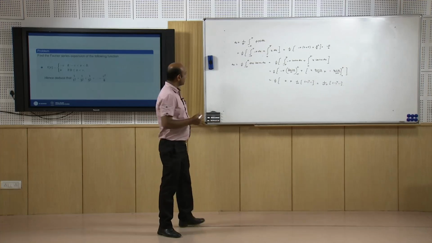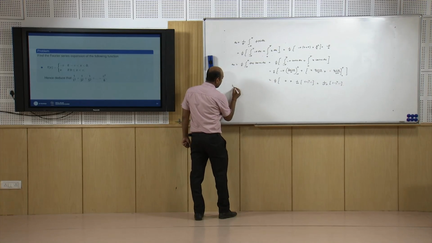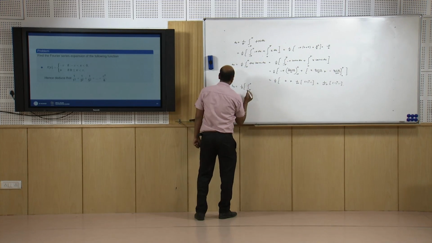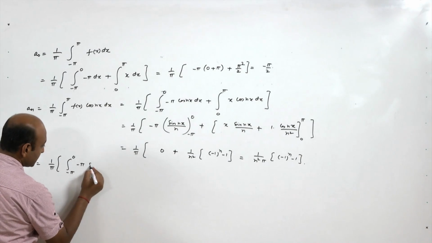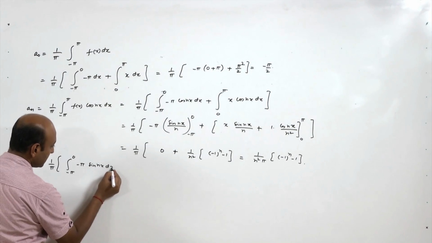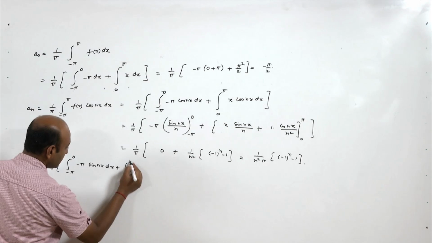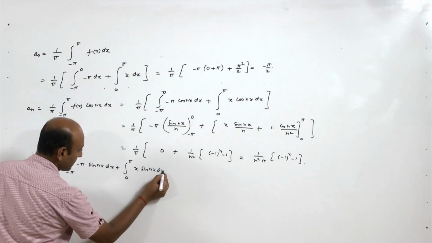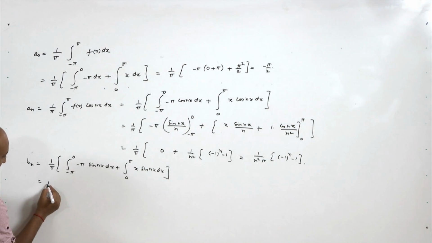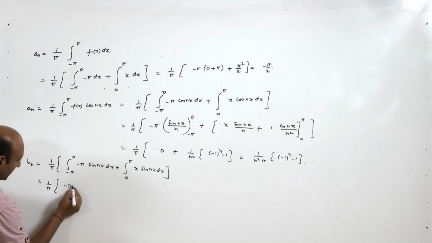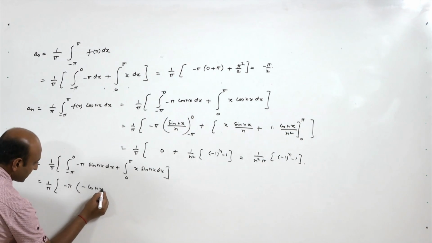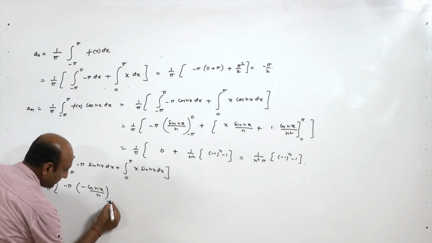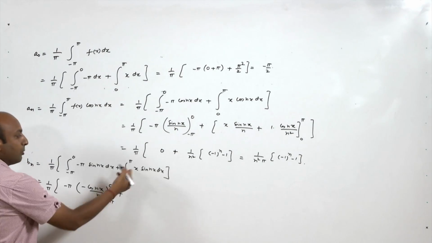Okay. Now, what is b n? b n will be nothing but again 1 by pi, I break it here, integral minus pi to 0 of minus pi sin nx dx plus integral 0 to pi of x sin nx dx. Now, when we take it, it is 1 by pi, minus pi times minus cos nx upon n, you integrate it, okay, from minus pi to 0, plus you apply by parts here.